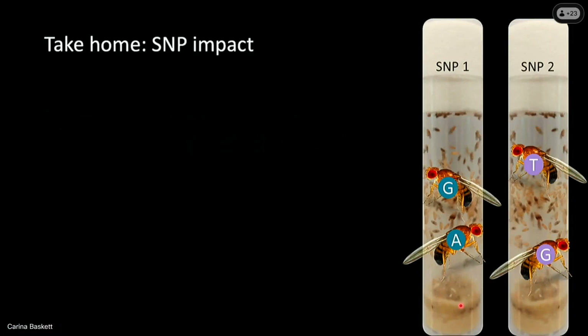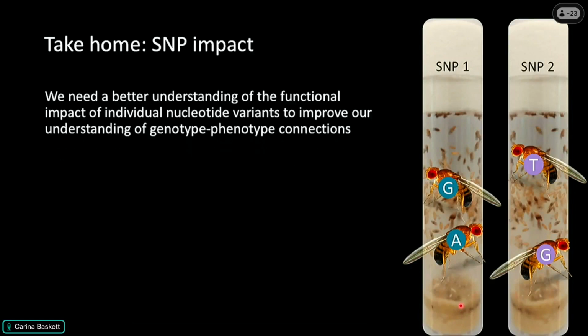So to wrap up the seminar altogether, basically I've gone from looking at a phenotype that I thought was interesting to going more to understanding what SNPs are doing. And even though it's not easy, I argue that we need a better understanding of the functional impact of individual SNPs.